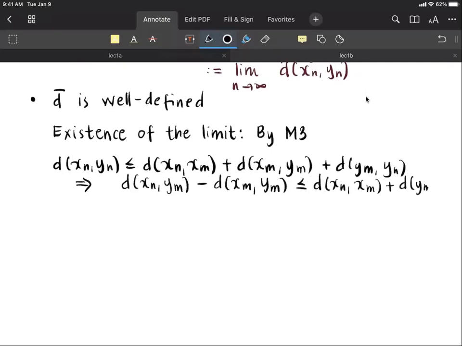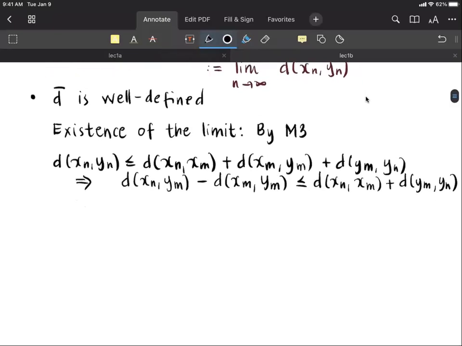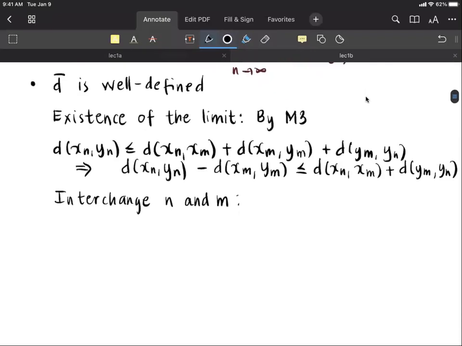The next trick is to interchange n and m. If we interchange n and m, we would get the following inequality. This is yn.